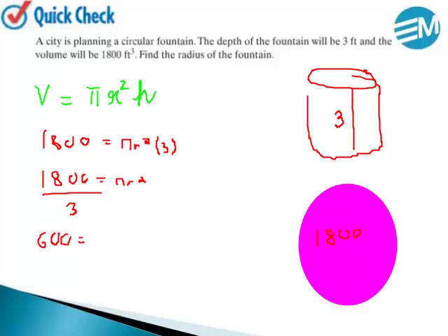I guess we can divide it by pi too if we want to. So it's about 191 equals r squared. That's correct.